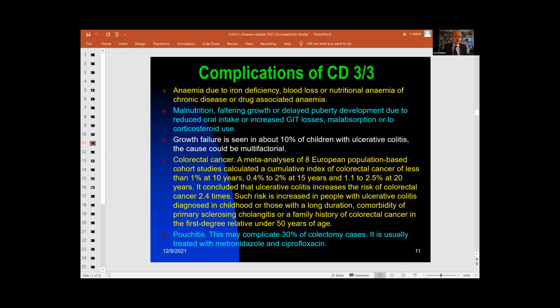Pouchitis is a newer term. When someone has a colectomy, they would have an ileostomy for drainage.